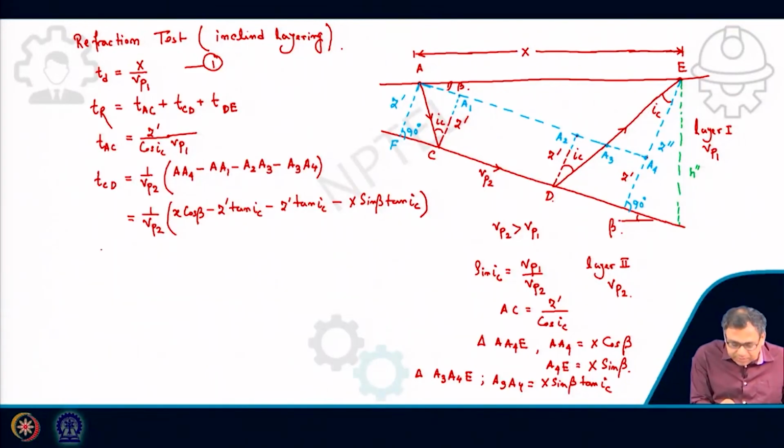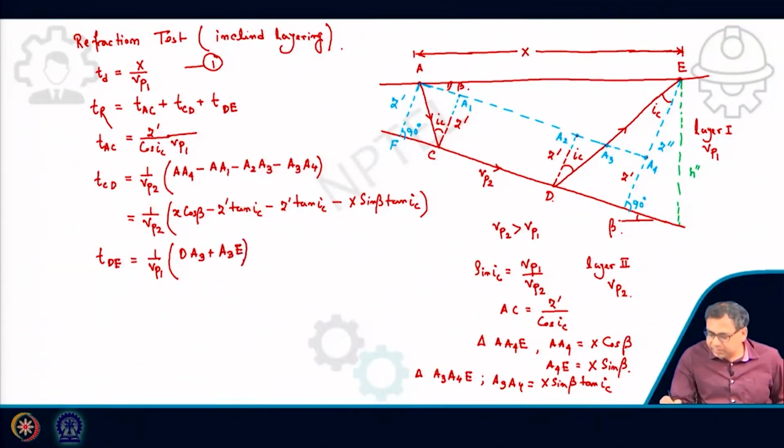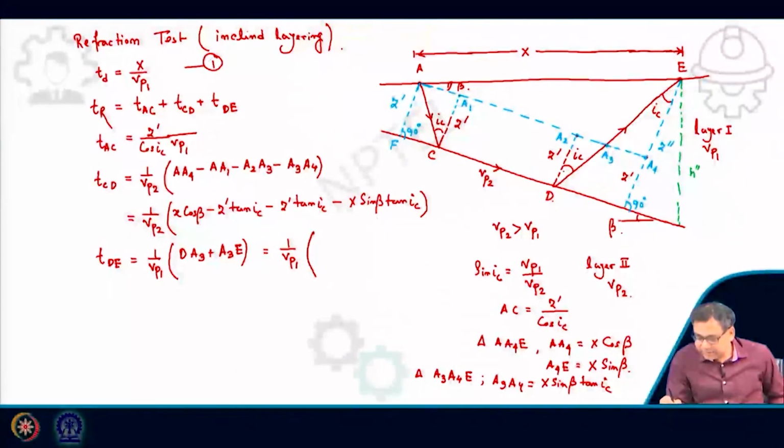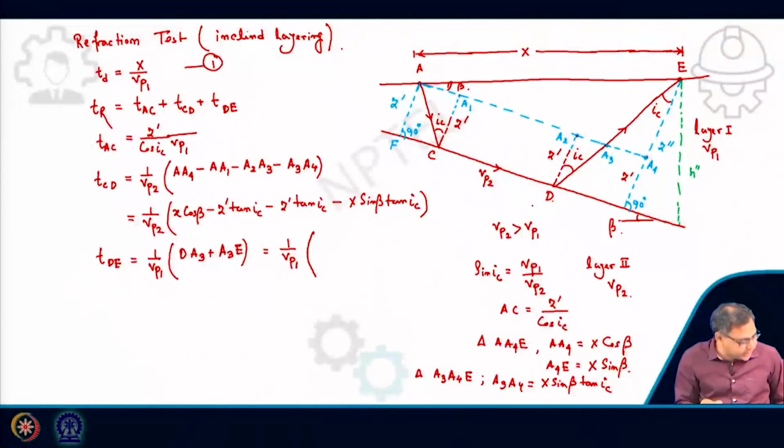Okay, now the last part, TDE. TDE I can write as 1 by VP1 into DA3 plus A3E. DA3 will be simply Z dash cos IC, since this is Z dash and this is IC.